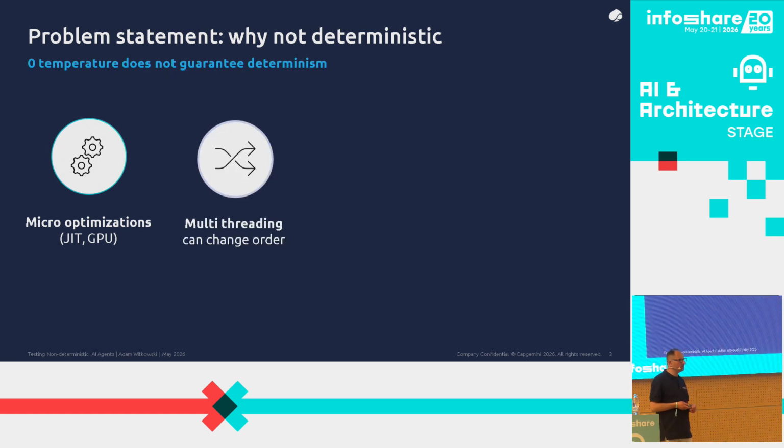LLMs are primarily sequential creatures, but even then, they have at least several threads running. And of course, the order of threads is unpredictable, and it causes the output to be different. But let's say somebody says, let's turn off the micro-optimizations, let's force single-threaded, and we will have a deterministic LLM on our computer, with temperature 0, of course.